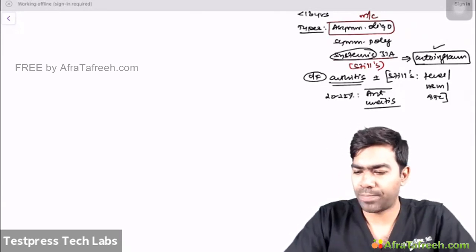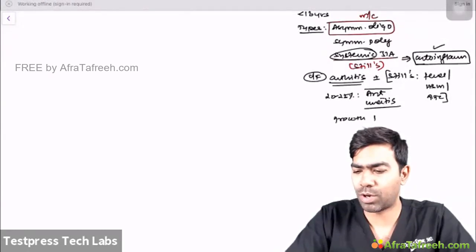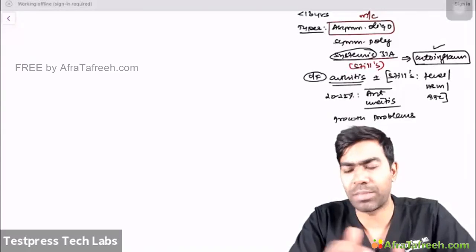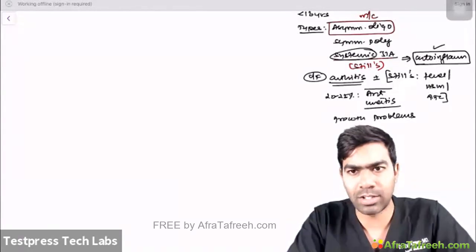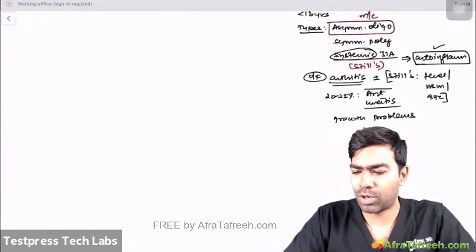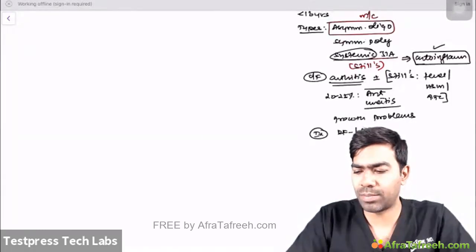At the same time, they can develop growth issues. They develop growth problems because it's affecting the epiphyseal bones and all. They can have a short stature if you don't treat this on time. And more importantly, as far as the investigation is concerned, there will be RF negative, ACPA negative, and of course ANA negative also, which means they will be completely seronegative.